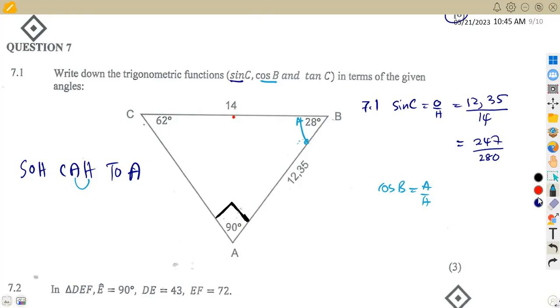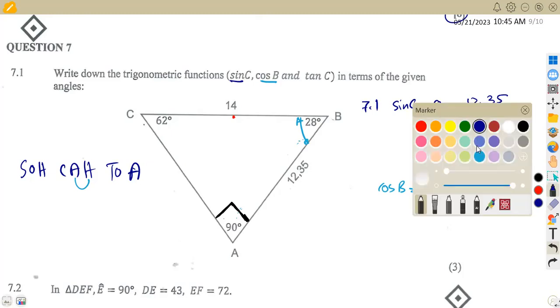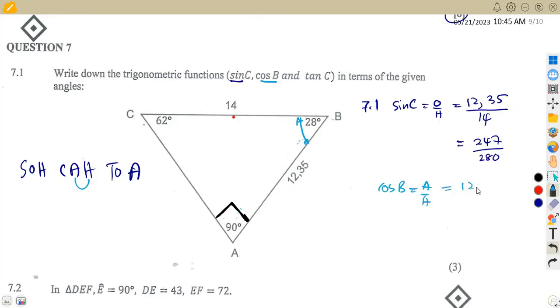So this is going to be 12,35 over the hypotenuse. In this case, our hypotenuse does not change. It's always opposite to 90 degrees. That's your hypotenuse. So as you can see, it's the same answer as sine C, or you can simplify further as 247 over 280, or just leave it like that.